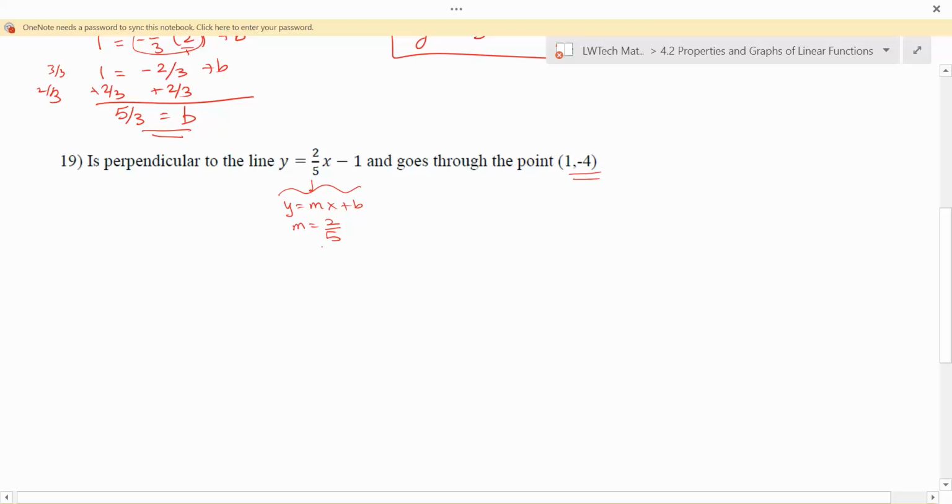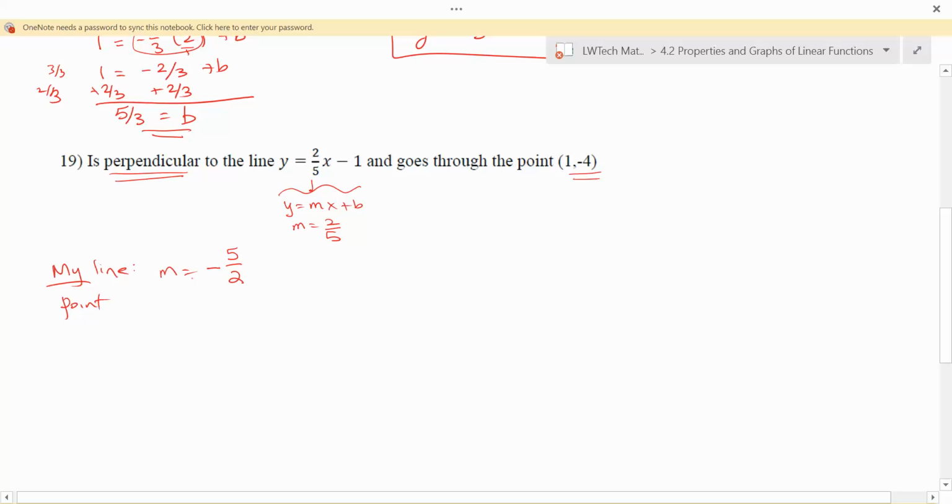Now the problem is this time I don't want a parallel line that would have the same slope. I want a perpendicular line. So my line should have a slope that is the opposite sign. So this was positive, so my slope will be negative, and then the flip or reciprocal of the 2/5, which would be 5 over 2. So this is going to be the slope of my line.